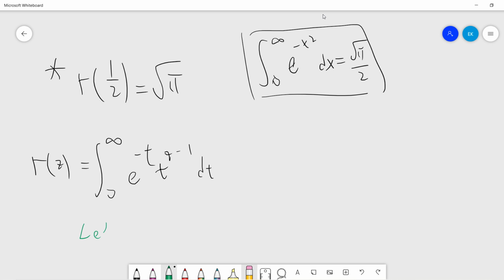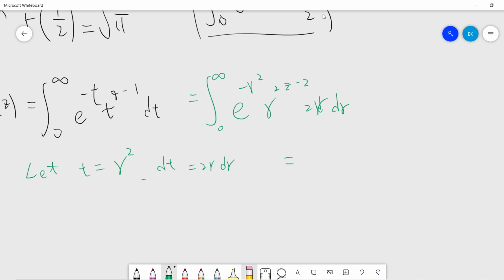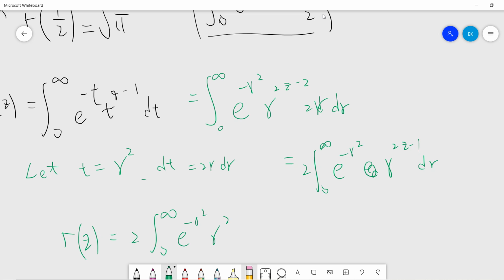We can let t equal r squared. So we get the integral from 0 to infinity of e to the minus r squared, r squared to the z minus 1, and dt is just 2r dr. So what we have is the integral from 0 to infinity of 2 e to the minus r squared, r to the 2z minus 1 dr. So gamma z is just this, which is another integral representation.